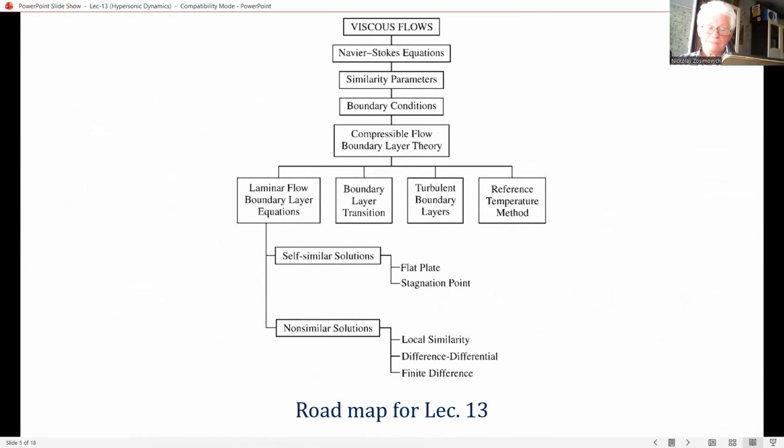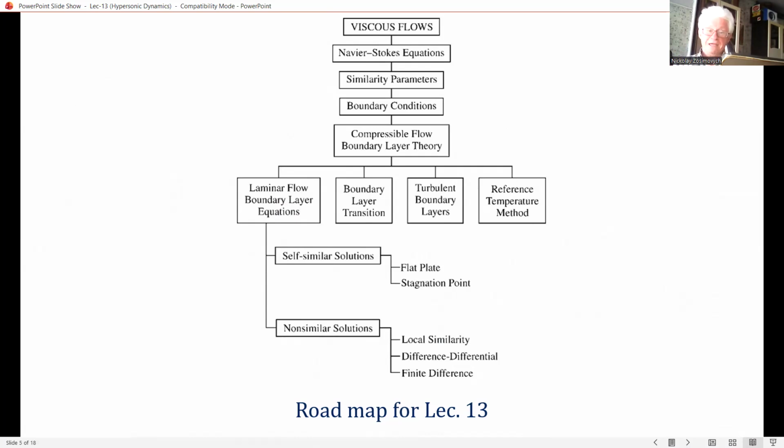The first two are somewhat historical in the sense that they are no longer in widespread use today, but they constitute interesting ideas with which any specialist who studied hypersonic viscous flows should be acquainted. The last item, finite difference solution, represents today's state of the art.